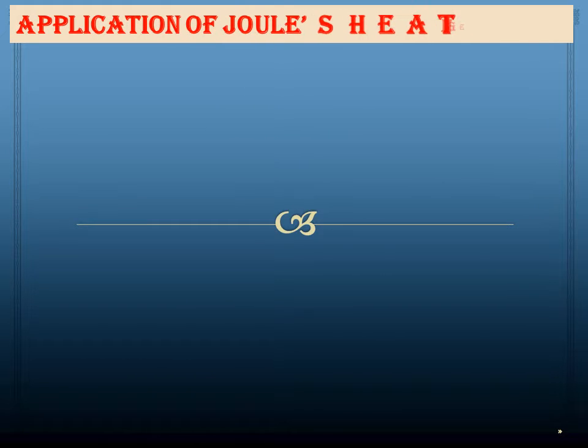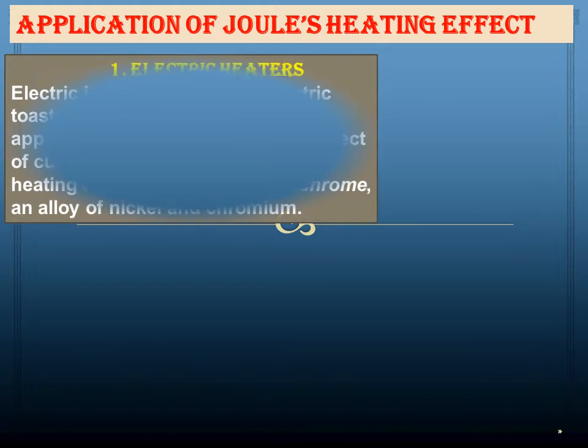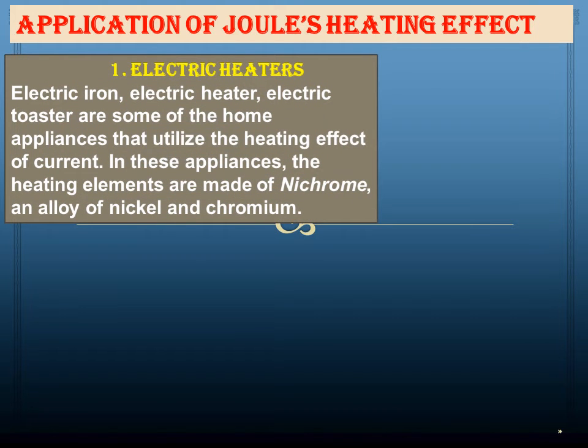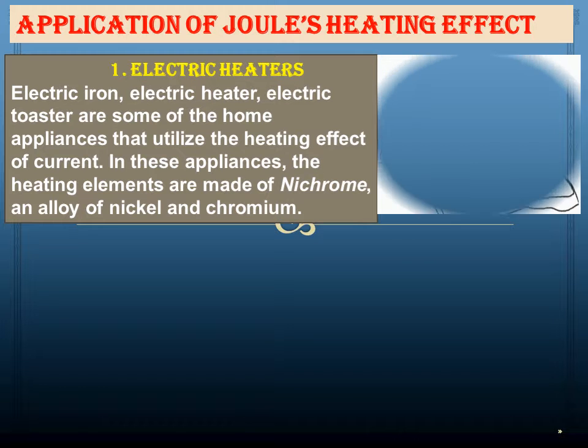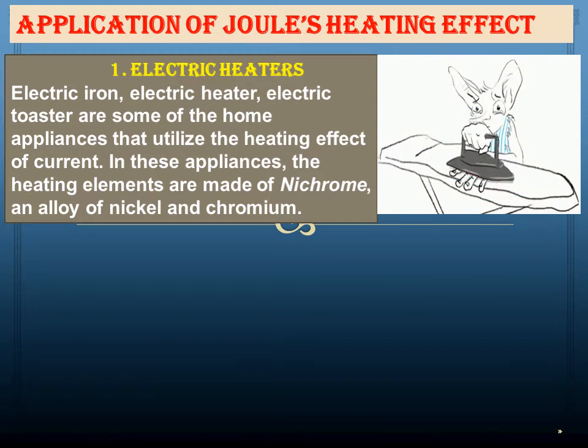Now, applications of Joule's heating effect. First, electric heaters. Electric iron, electric heater, and electric toaster are some of the home appliances that utilize the heating effect of the current.